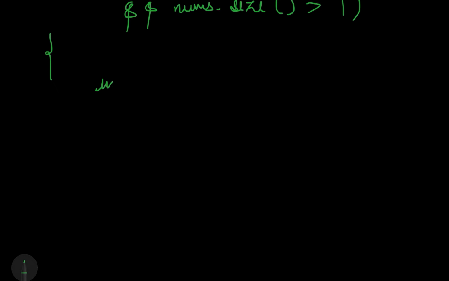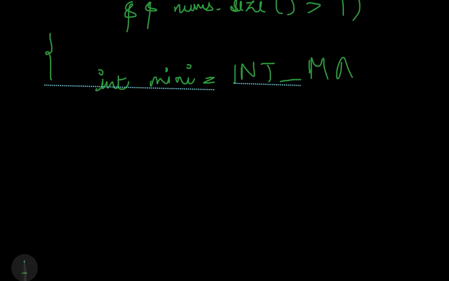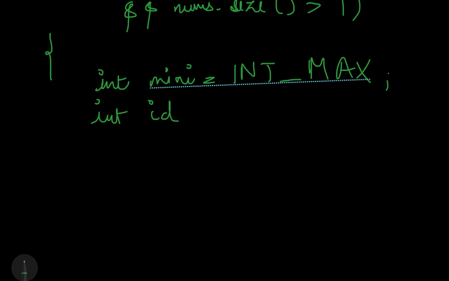Okay, then we'll take a variable named mini. It will store the minimum sum that we find, and the minimum sum that we find should be the leftmost one, so we'll store the index also.